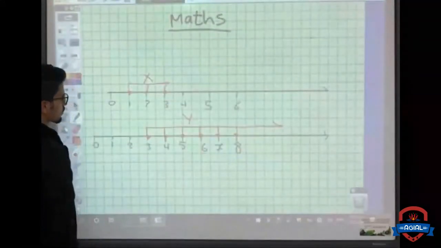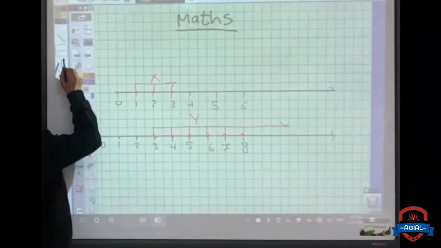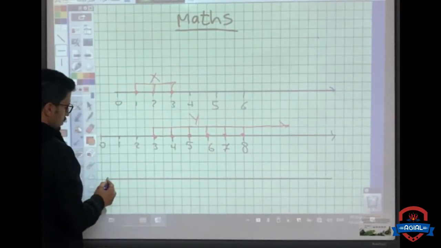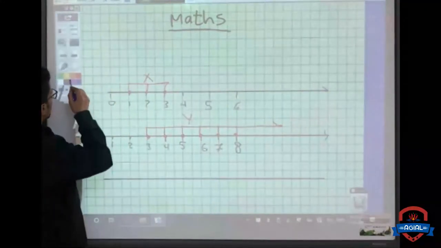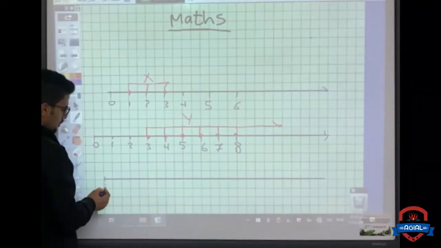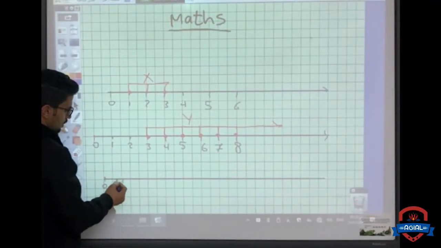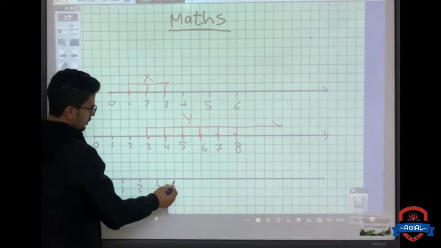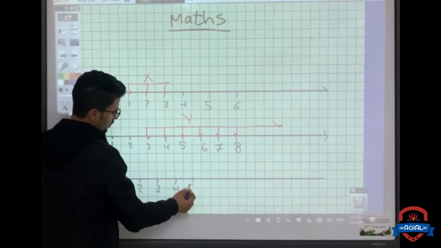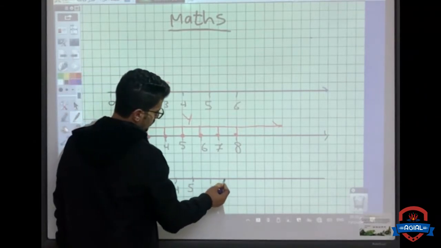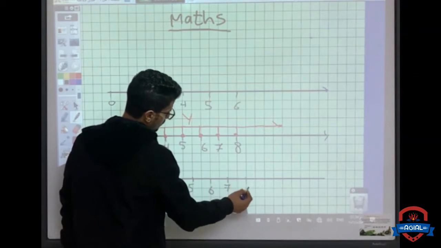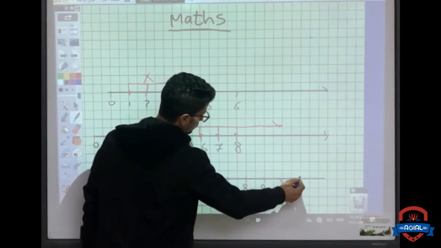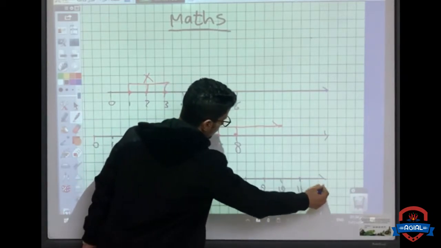So we draw the number line like this by drawing the line segment, then we write the numbers. We start with 0, then 1, and the distance between every two numbers should be equal. Then 2, 3, 4, 5, 6, 7, 8, 9, 10, 11, and so on.